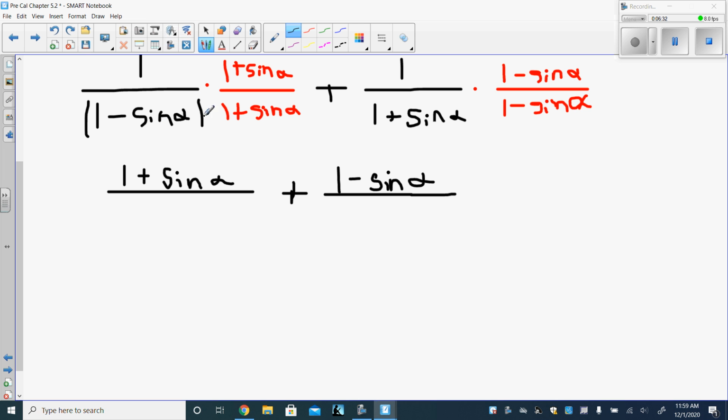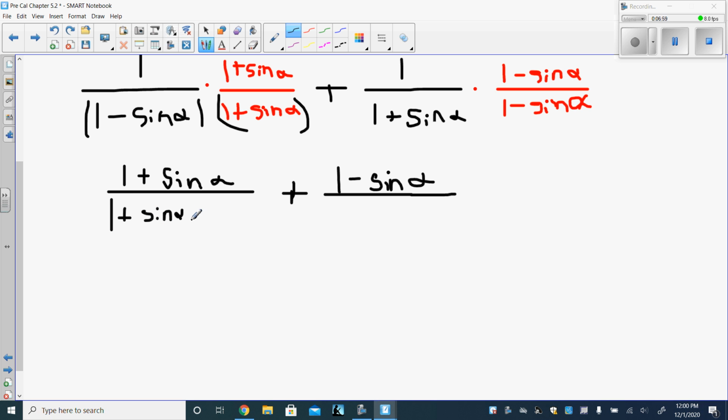So we're going to go on and multiply these through. Well, our 1 times 1 will give us 1. Minus sine of alpha, so that'd be plus sine of alpha, not minus. We'd have 1 times sine of alpha, which would be plus sine of alpha.